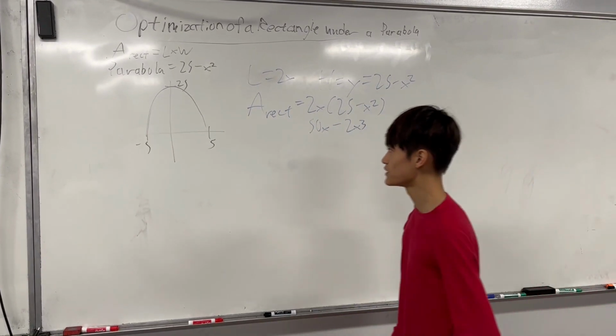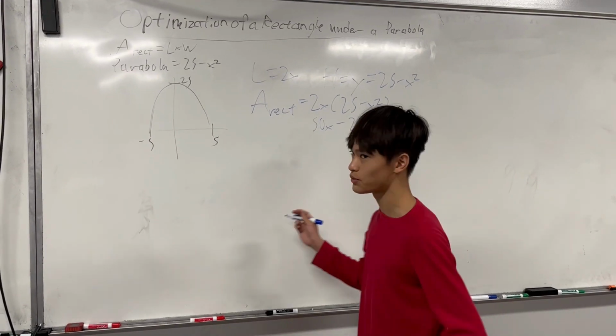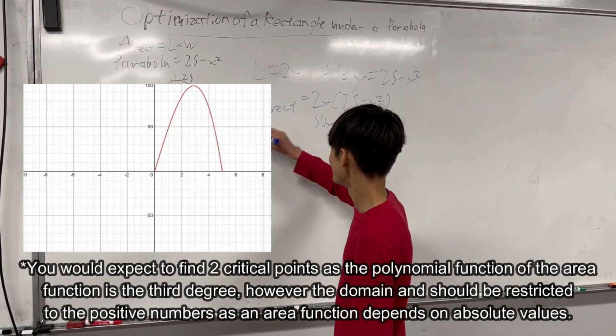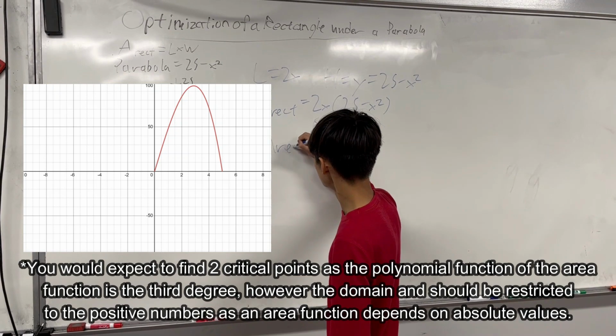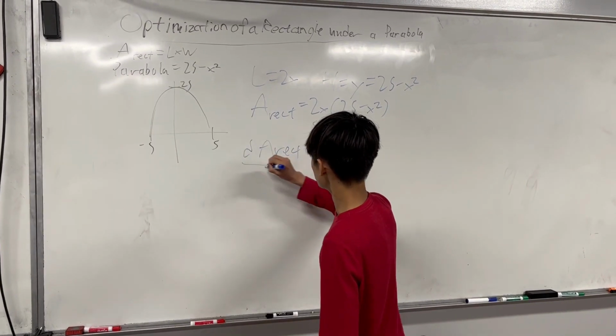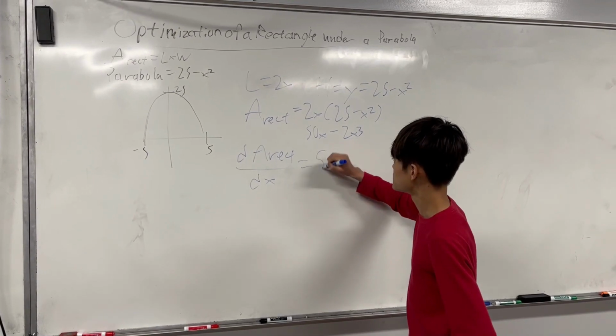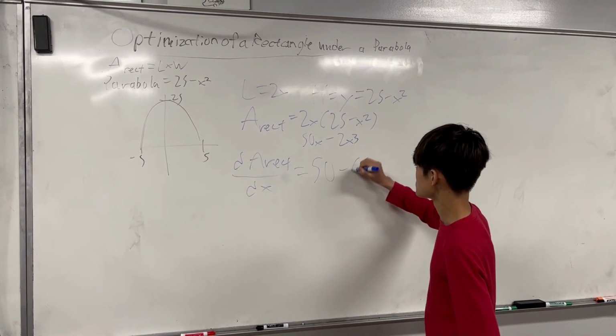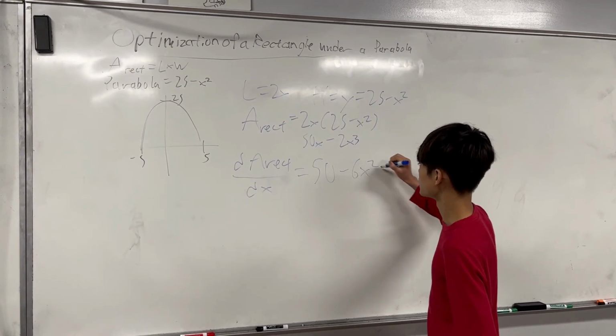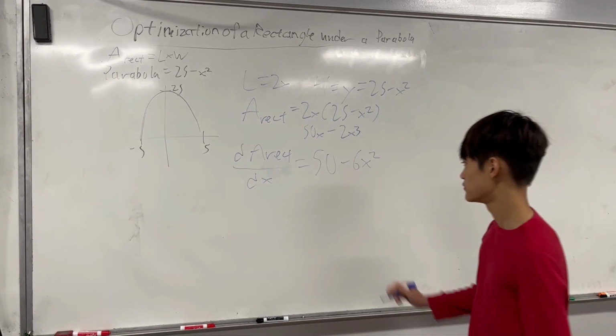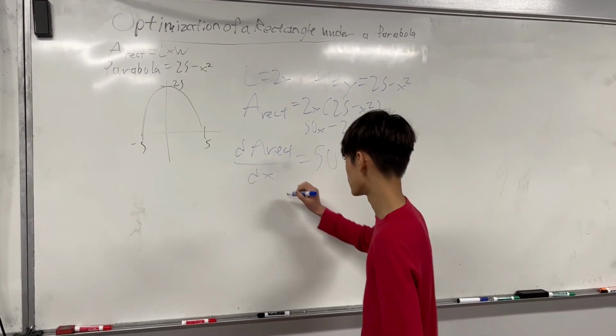Okay, now we can just take the derivative to find the critical point. The derivative is equal to 50 minus 6x squared. We're going to find where this is equal to 0.